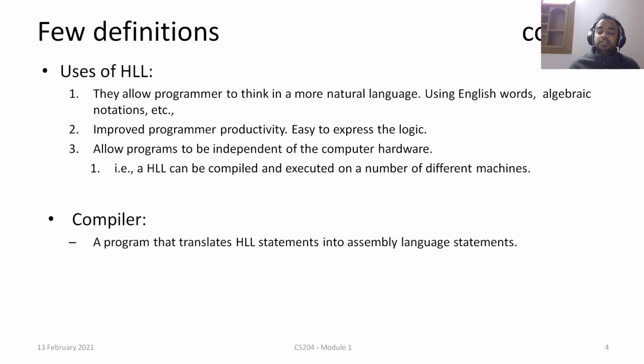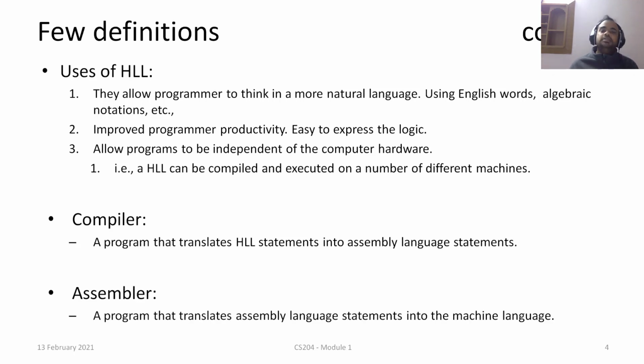So in this process, we have two other programs which are called compiler and assembler. What a compiler does is it takes this high level language and converts that into the assembly language. And what assembler does is it takes the assembly language and converts that into machine language, basically a sequence of zeros and ones.